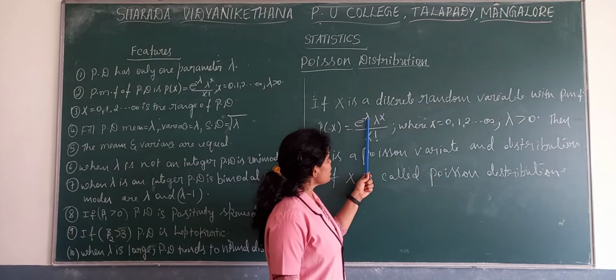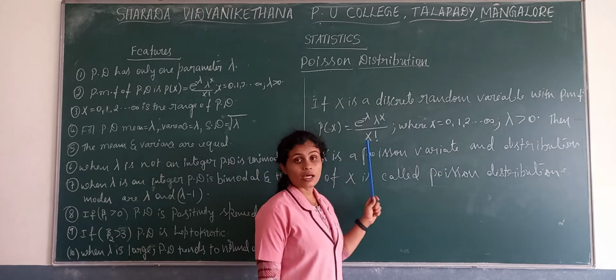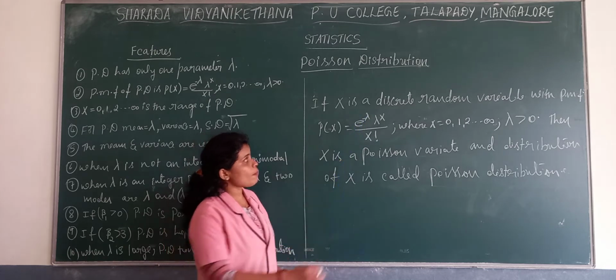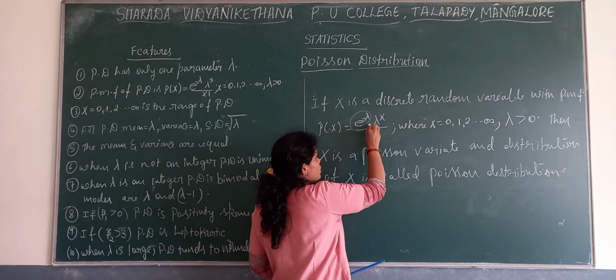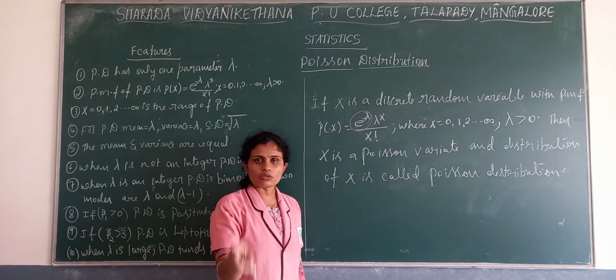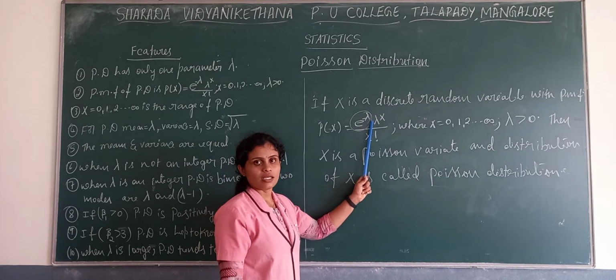So here, if x is a discrete random variable with probability mass function p of x equal to e to the power minus lambda, lambda to the power x, divided by x factorial. This particular value e to the power minus lambda we get from the statistical table, for example e to the power minus 6.